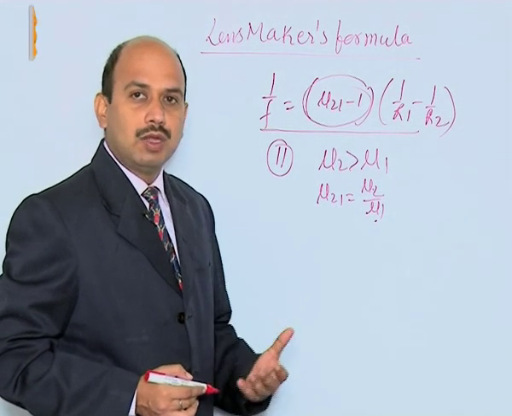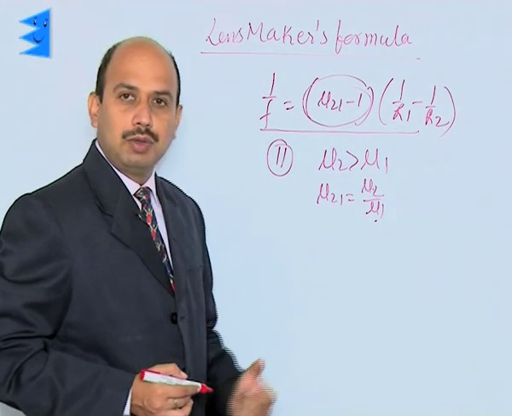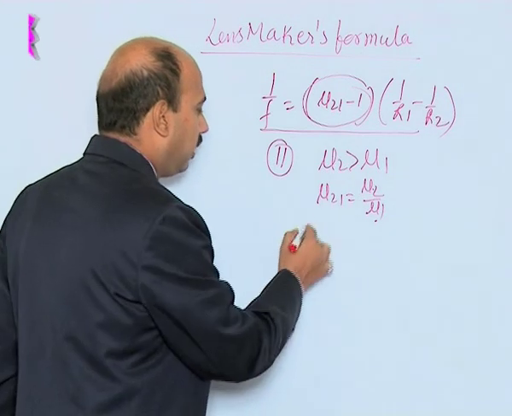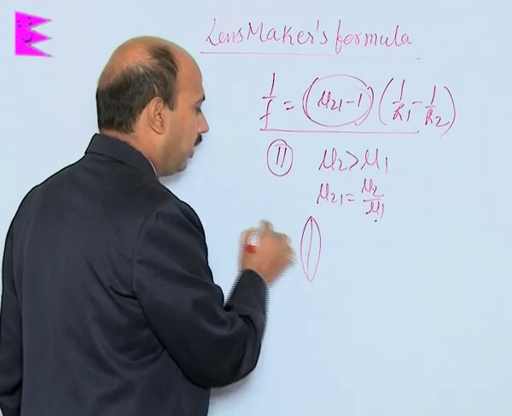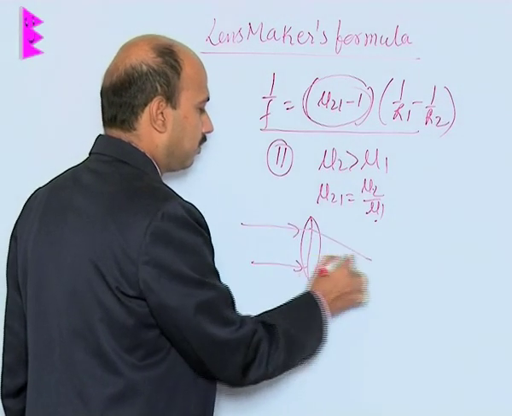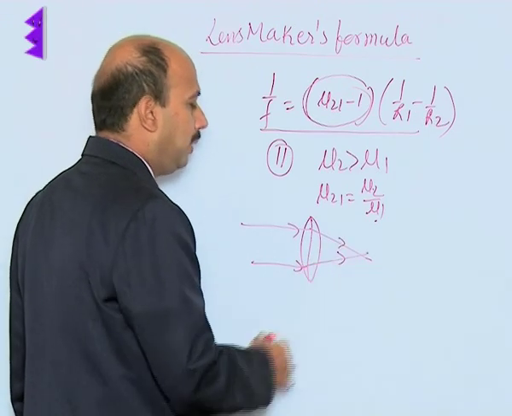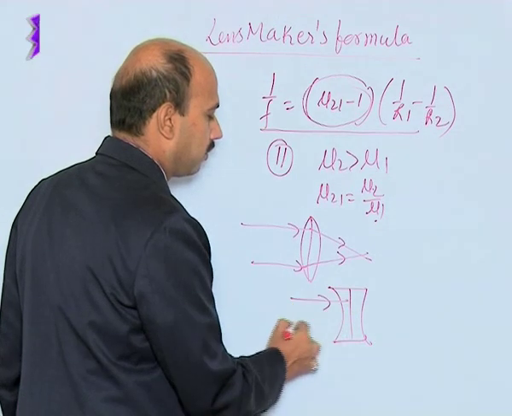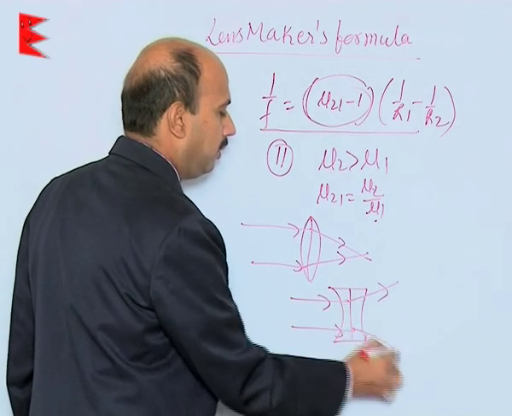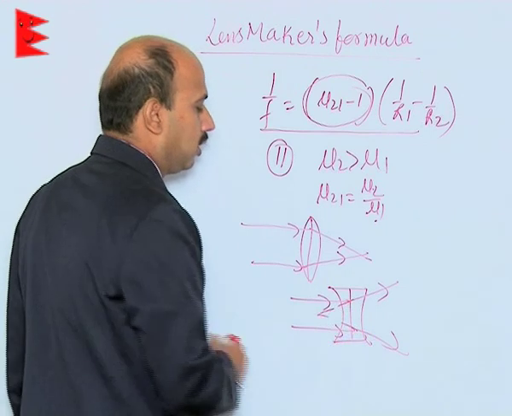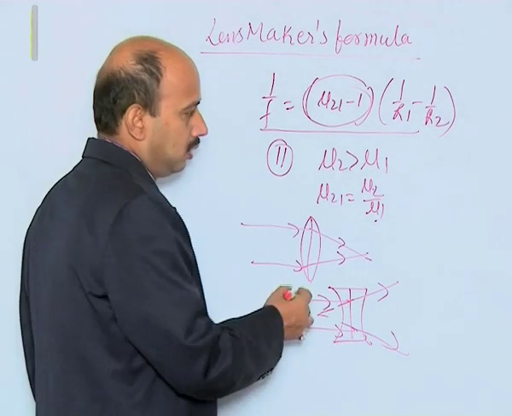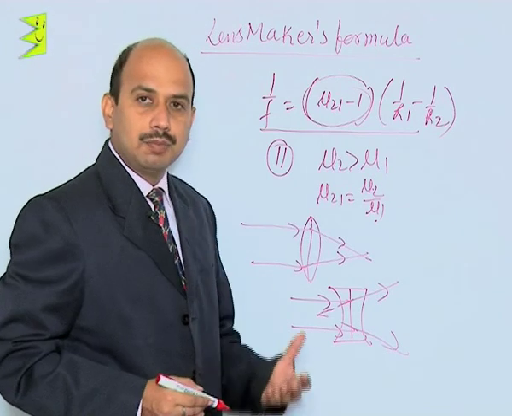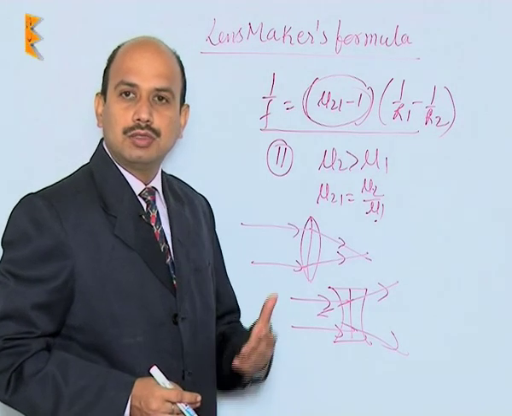The value of the focal length may change according to the values of mu 2 and mu 1, but the nature of the lens will not change. It means if you have taken a convex lens, it will behave as a convex. If it is a concave lens, it will behave as a concave, it means it will diverge. So, when the lens is placed in a medium whose refractive index is less than that of the material of the lens, the nature of the lens will not change.